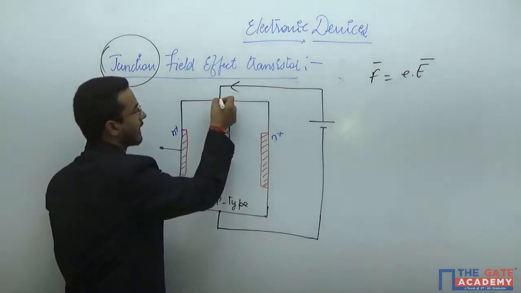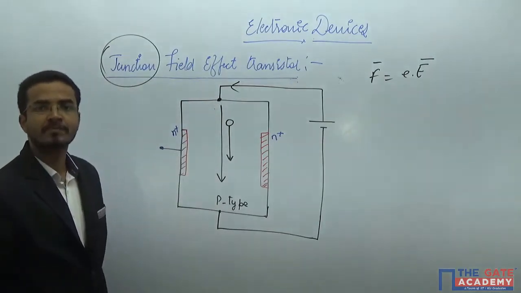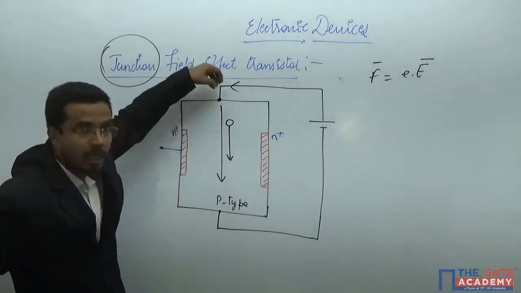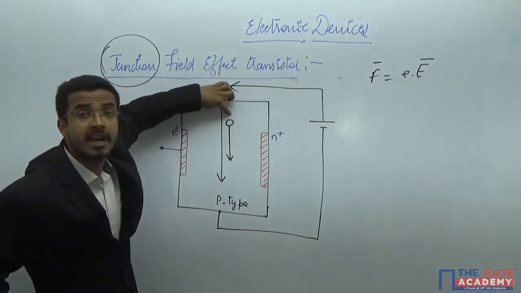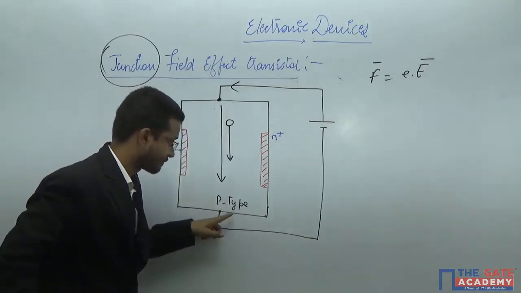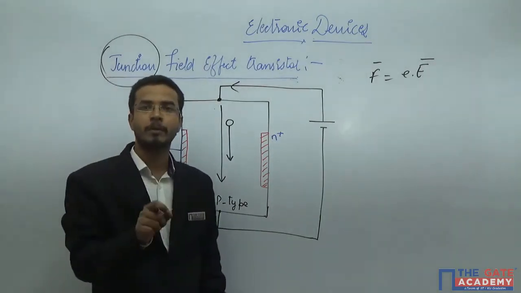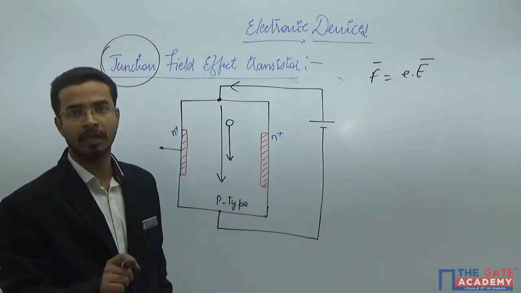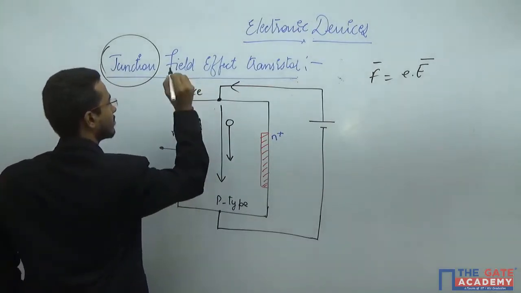Now see the terminal characteristics. This is the terminal which provides the holes to the device. And what is the hole here? The majority charge carrier of this substrate. That is why the terminal which provides the majority charge carriers to the device is known as the source.